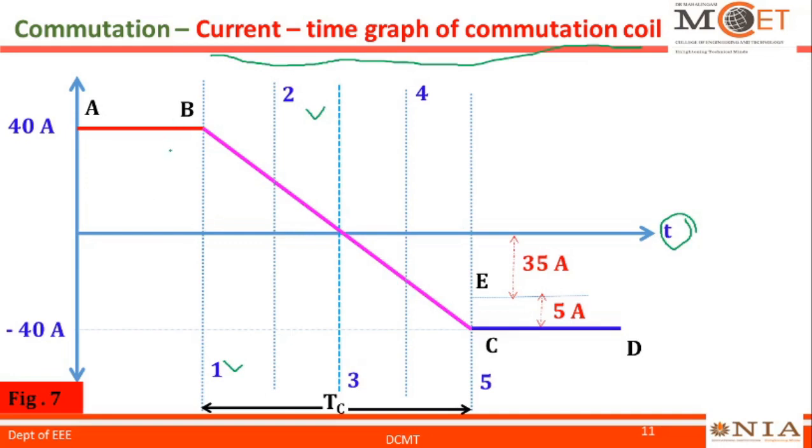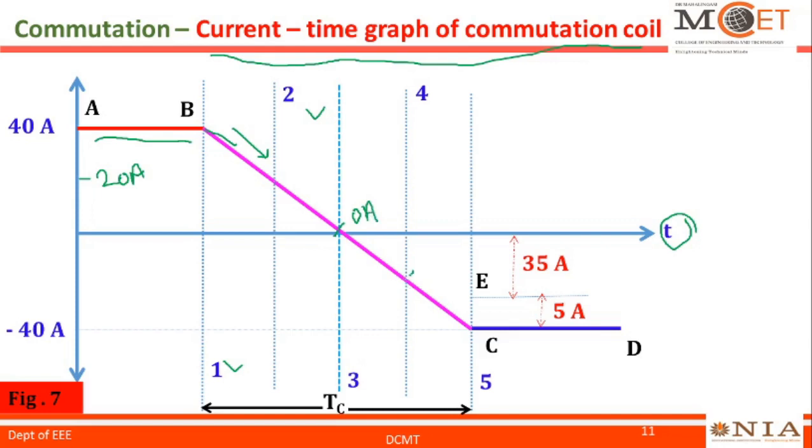So prior to instant 1, 40 ampere is flowing or taken by the load, and look at the time instant 1, the current started decreasing. At instant 2, it comes to 20 ampere. And at instant 3, it reaches 0 ampere.